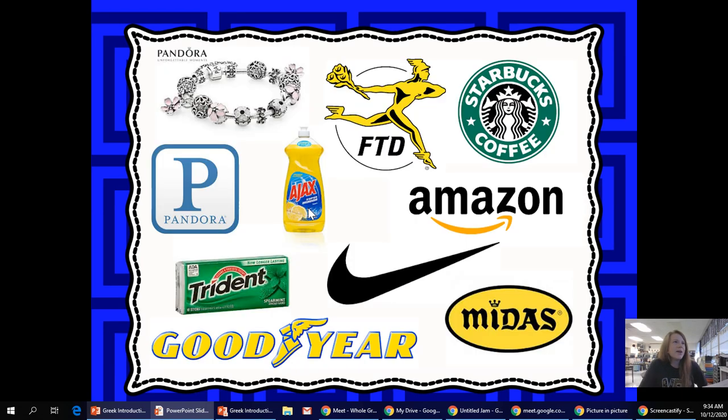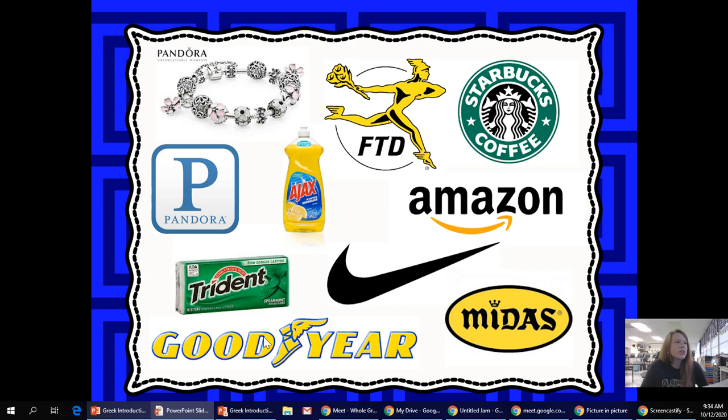Okay, so look at these different brands. So we have Pandora. Does anybody's parent have a Pandora bracelet or jewelry from the store from Pandora? I have one. I used to work at Pandora. Yeah, way back when I was in high school, I worked there. Okay. What about this Pandora? Does anybody know what this Pandora is? It's an app. Yeah, it's music. So we have gum that's called Trident.